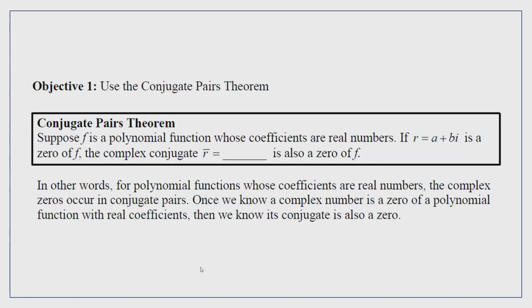All right, objective 1, use the conjugate pairs theorem. The conjugate pairs theorem states that suppose f is a polynomial function whose coefficients are real numbers.